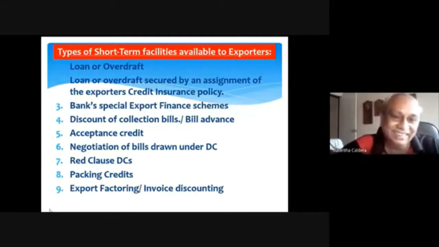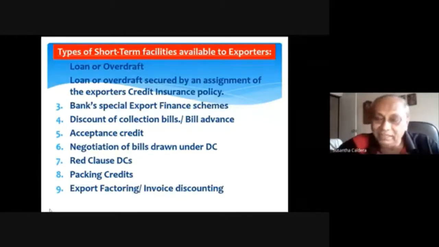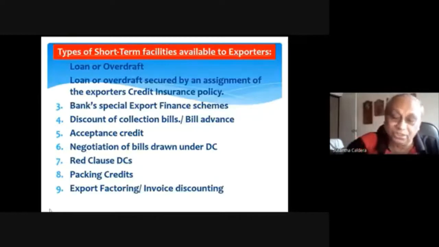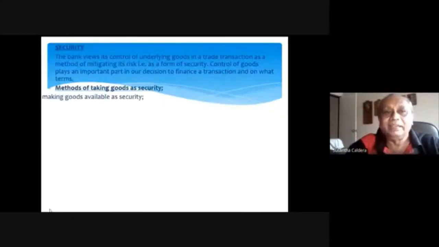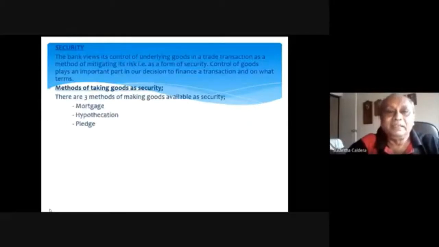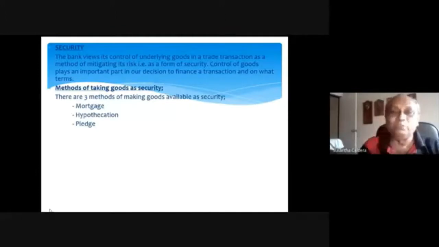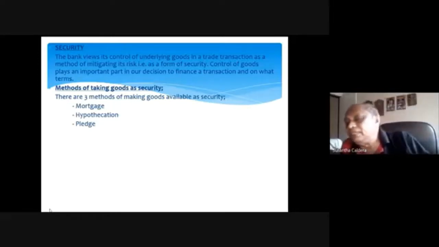Right? Most of the banks, they are doing invoice financing and factoring. Then for the banks, normally the banks gives its control of underlying goods in a trade transaction as a method of mitigating the risk.